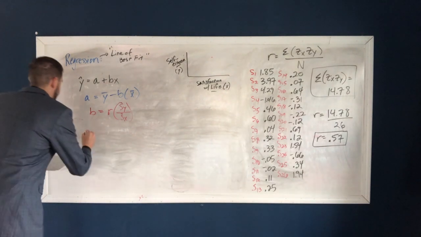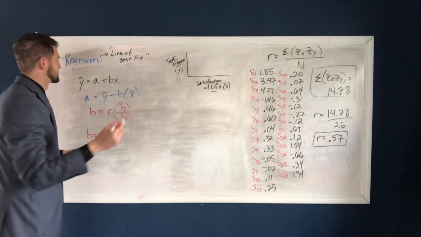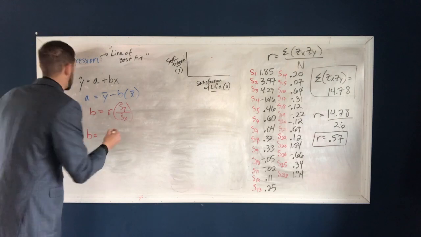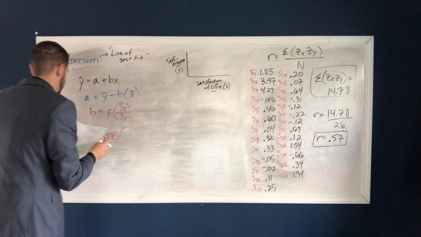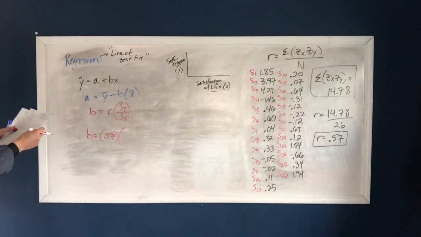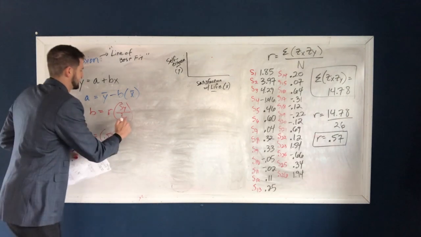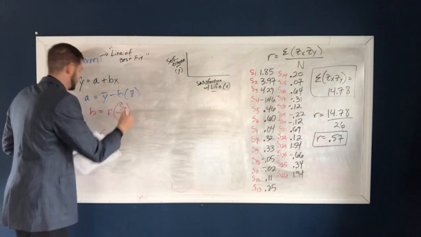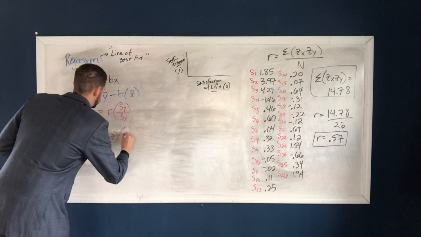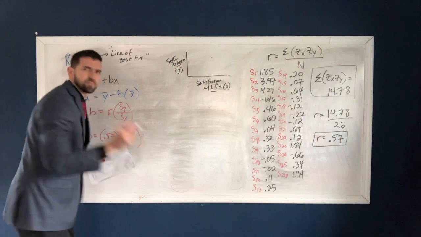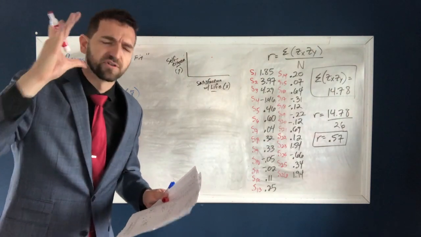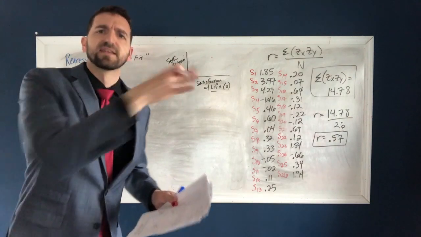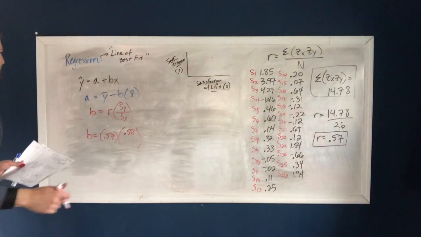So let's go ahead and solve for B. B equals R. Our correlation is 0.57. And the standard deviation for Y, which is self-esteem, is going to be 0.58. We know that by going back to our notes, because I gave you the mean and the standard deviation for satisfaction with life and self-esteem a while ago.